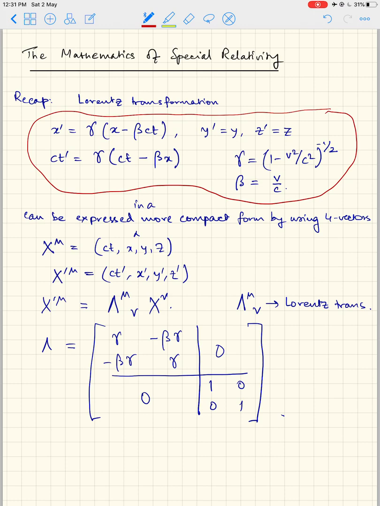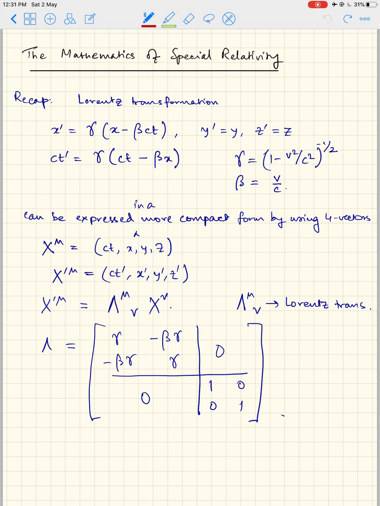What you may not know that well is the fact that this can be written in a more compact way by introducing four vectors, something we did earlier. So what are four vectors? Four vectors are the generalization of three vectors by adding a fourth component, ct, to it.